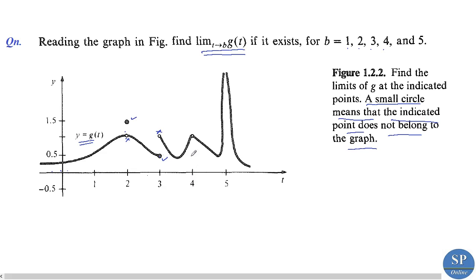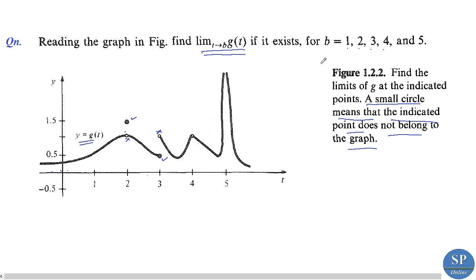At the point 4, the function is not defined. Clear? At the point 5, here also the function is not defined, because there is no point in this graph here.